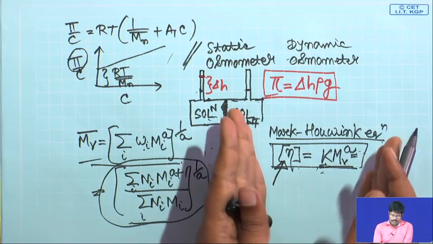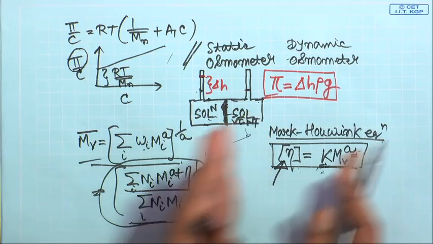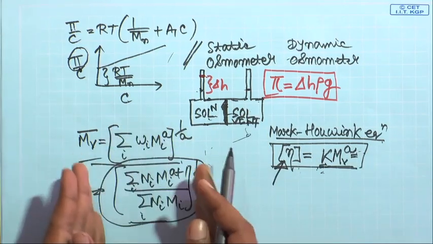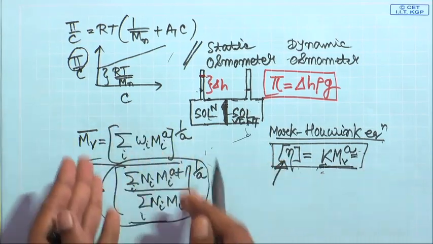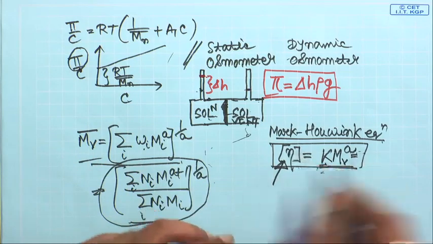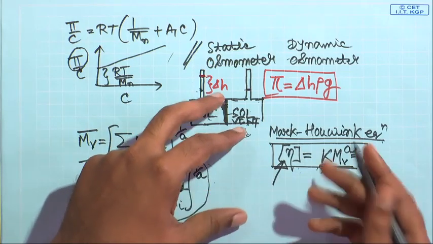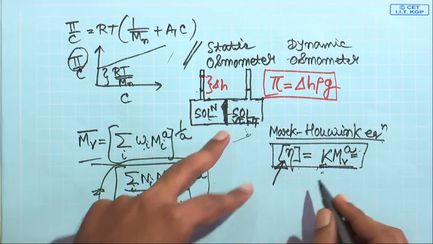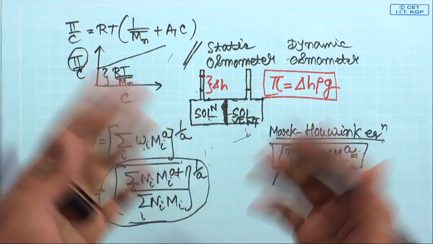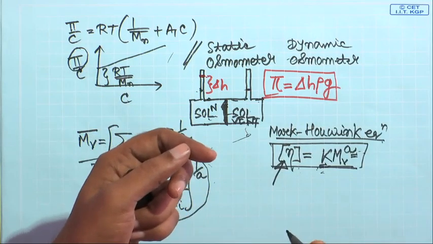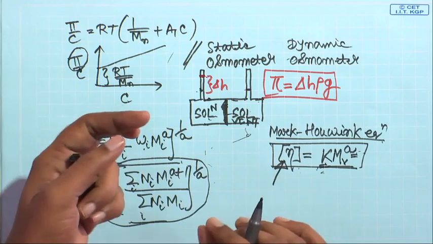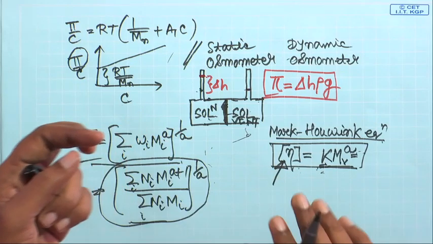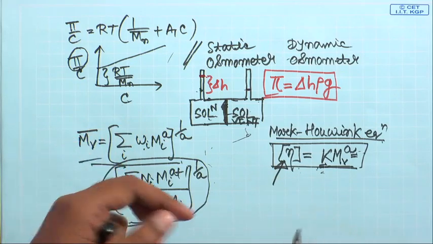You can actually use both of these expressions to determine the molecular weight. What we do is we have an Ostwald viscometer and a very dilute solution of the polymer in the solvent, and you make different concentrations of the polymer in that solvent.